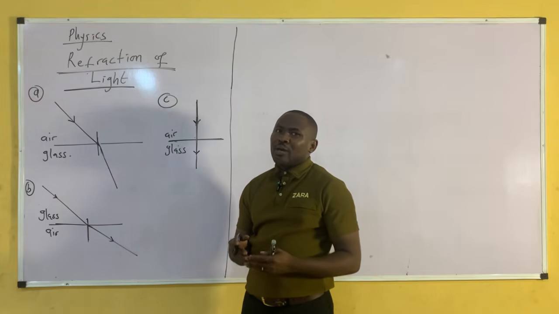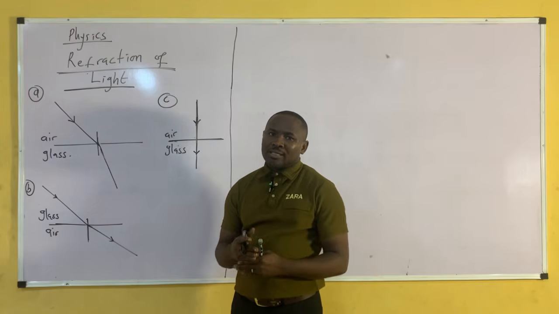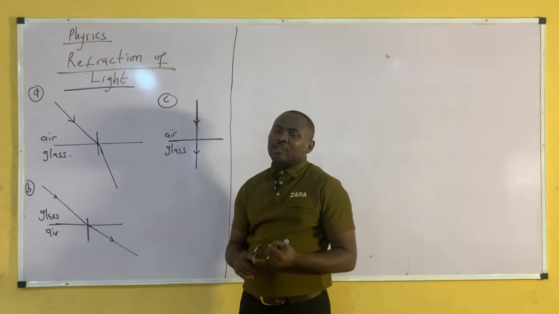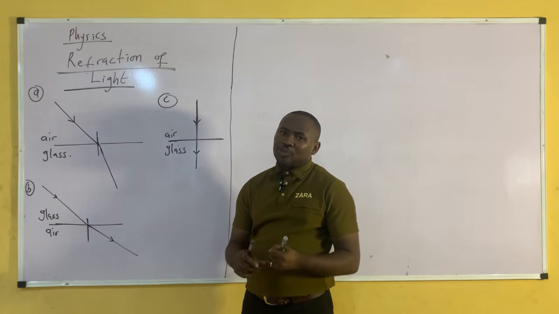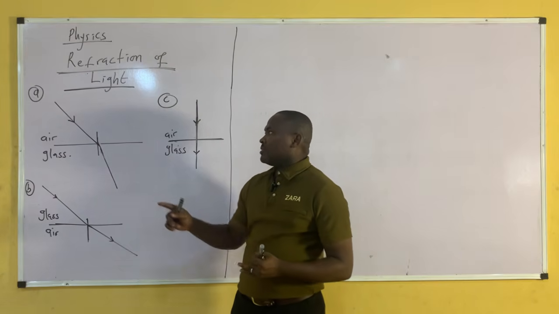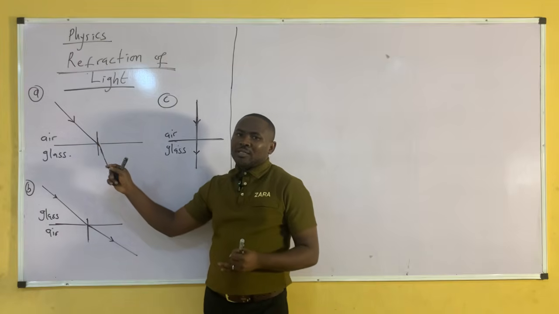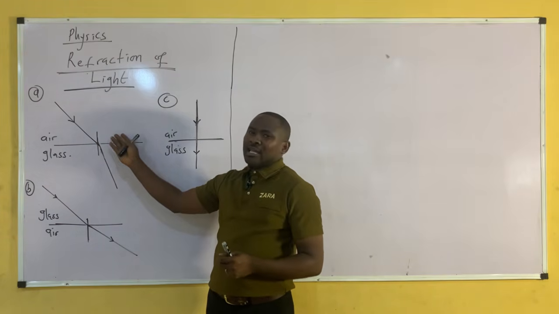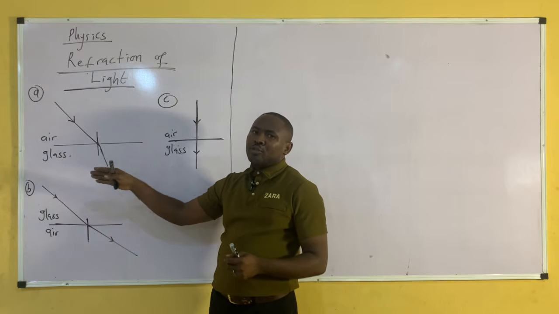The reason why the light is bending is because the wavelength of the wave is changing and the speed of the wave is changing. I reiterate again, the reason why the light wave is bending is because the light has entered into a different medium.